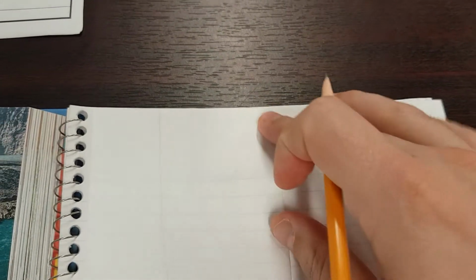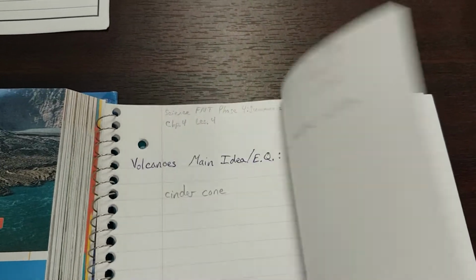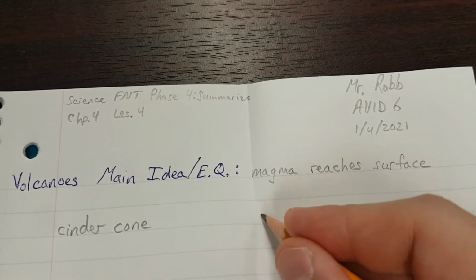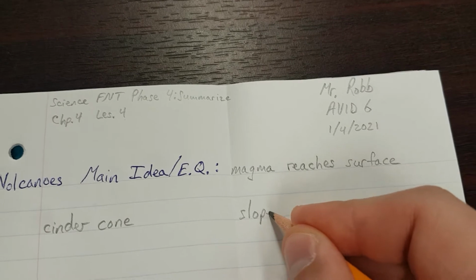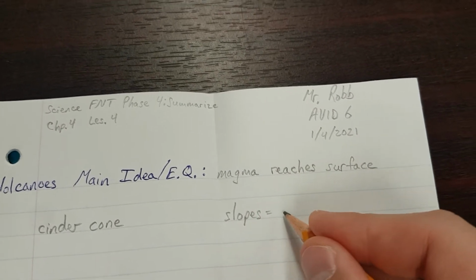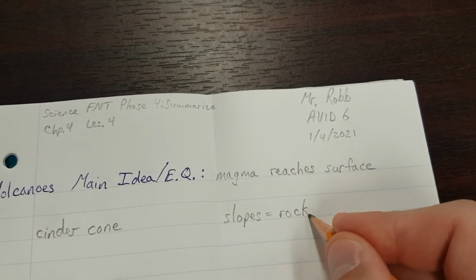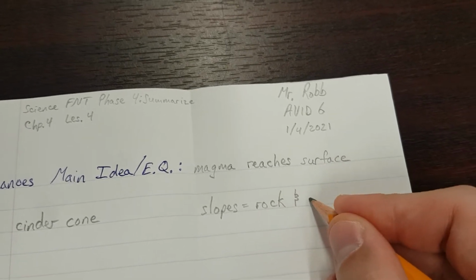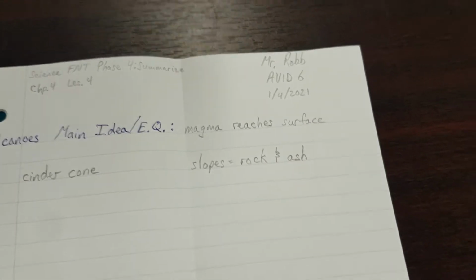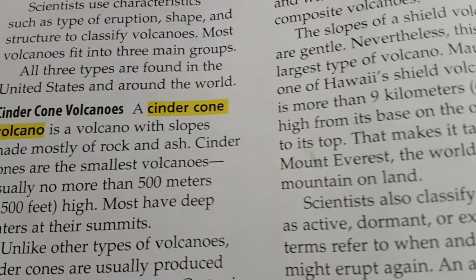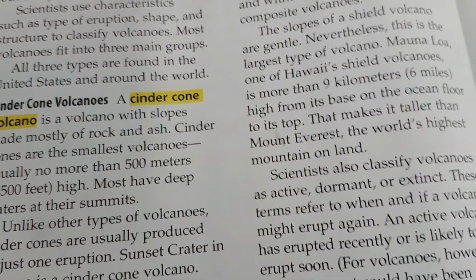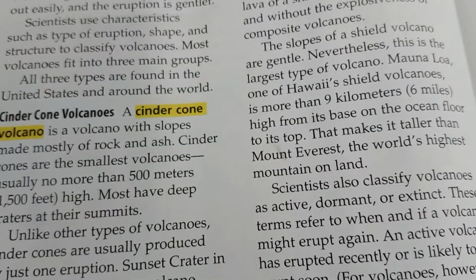Okay, so I need to fold my paper in half. Slopes, S-L-O-P-E-S, equal rock, R-O-C-K, and down 3 down, ash, A-S-H. What else? Cinder cones are the smallest volcanoes, usually no more than 500 meters high. Most have deep craters at their summits.